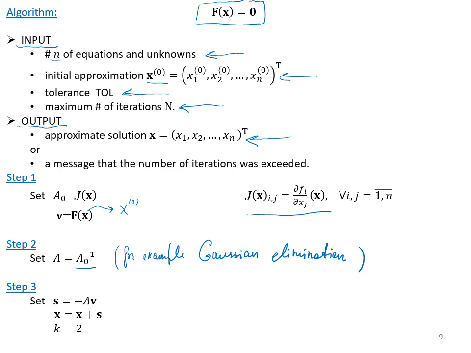Step 3, set auxiliary vectors S, which in this particular case is S1, then vector X, you update vector X, and this is going to be the first iteration, and define K, which will be equal to 2, because 0 and 1 we already computed.